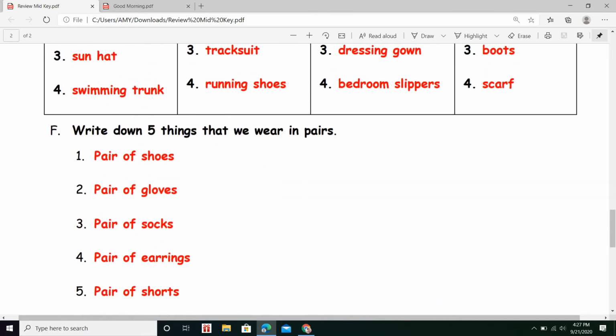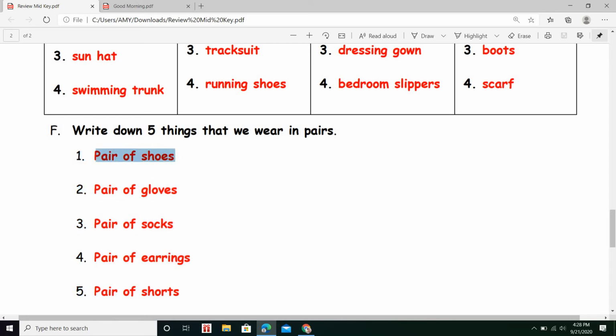You only need to write down 5 things that we always wear or that always come in pairs, that is, they always come with a right side and a left side. Here Miss Asmi already gives you 5 examples of things in pairs.